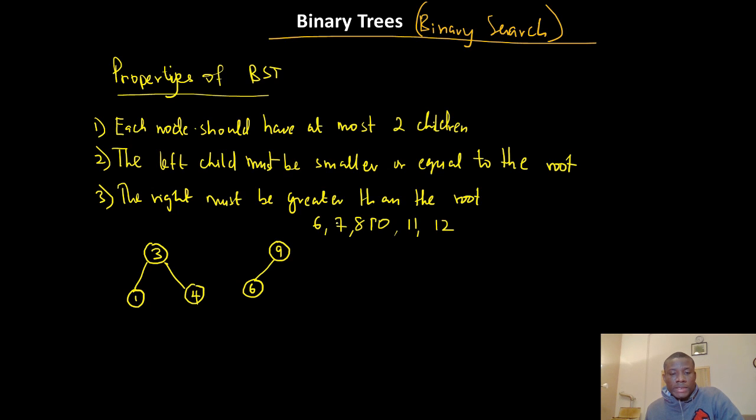7, okay, how do we check it? We check if it is less than the root, so we go this way. We compare it with 6, and it's greater than 6, so it means it comes this way, right? Then 8, we check 8. 8 is less than the root, so it goes this way, and it comes this way as well because it's greater than 7.